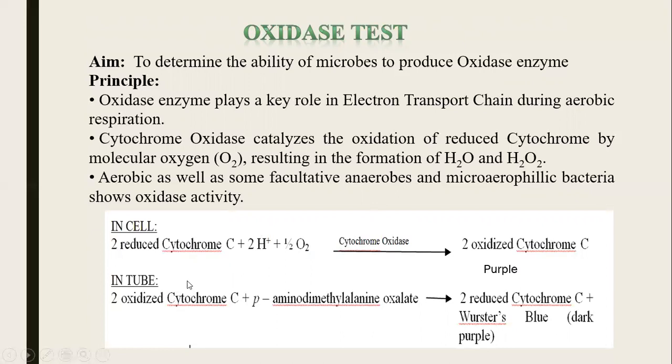The oxidized cytochrome, after addition of para amino dimethyl aniline oxalate, causes reduced cytochrome C, and the color of the medium has changed to blue or dark purple.